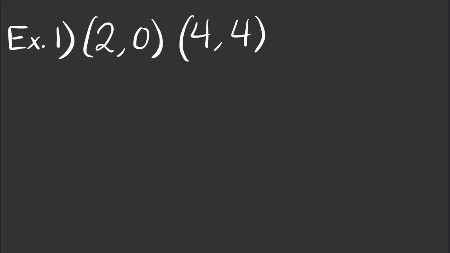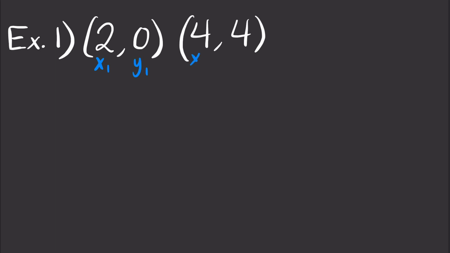Alright, so first, if the points are not written right next to each other like this, your first step is going to be to write them next to each other. Once you have that, label them like this. Left to right, you go x1 for your x coordinate, y1 for your y coordinate, and you move on to the next point.